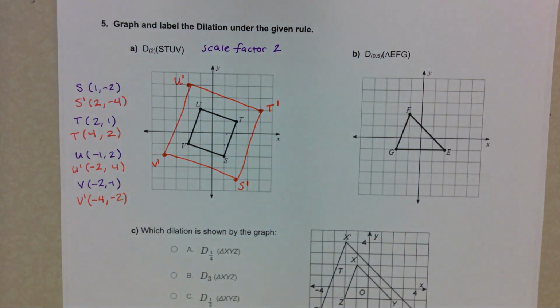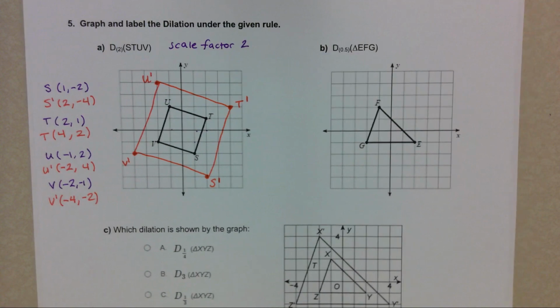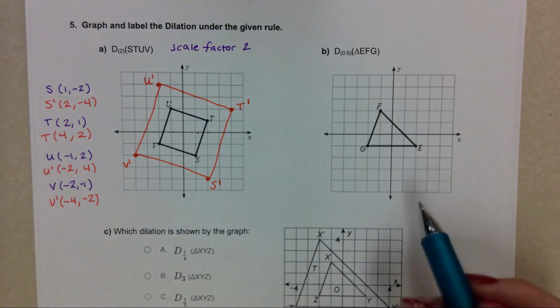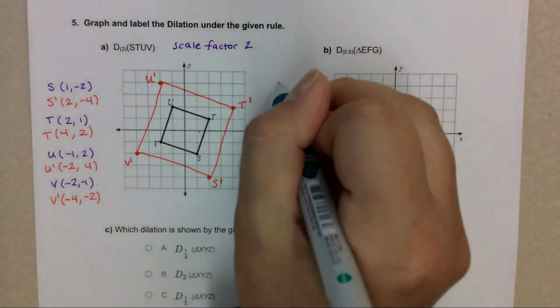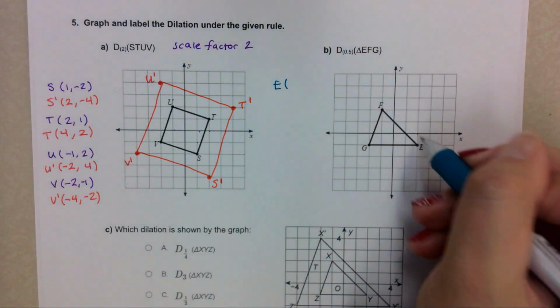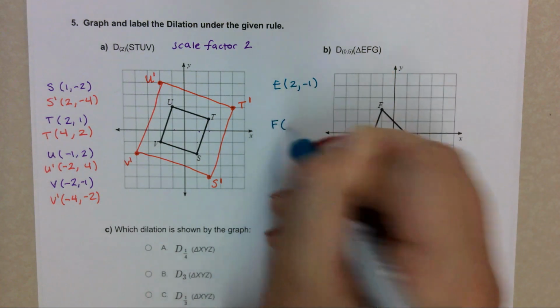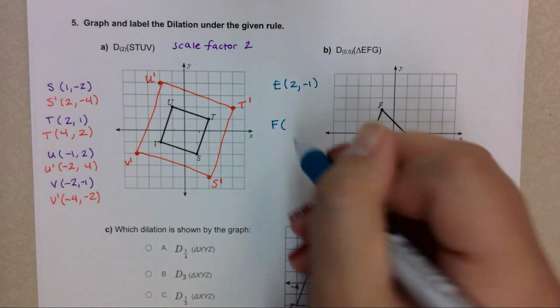All right, very good. Same thing over here, this time with a dilation of 1/2. So we should get an image that is smaller. So I'm going to start with my vertices. E is at 2, -1. F is at -1, 2.